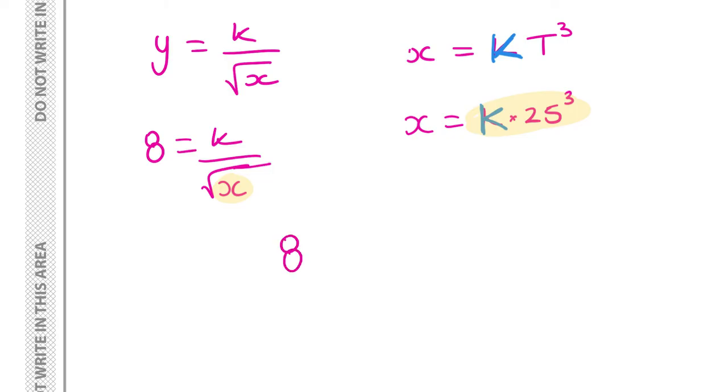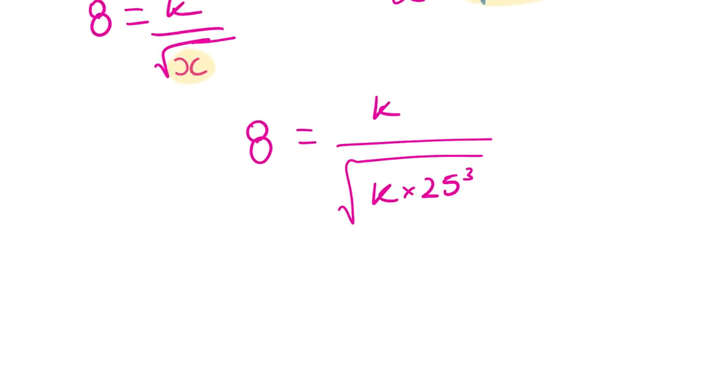So 8 equals k over root k times 25 cubed. Okay? Does anyone know what 25 cubed is? And then square rooted. 15625.